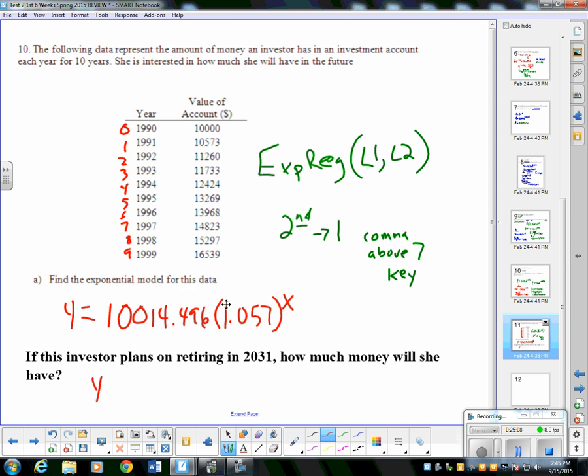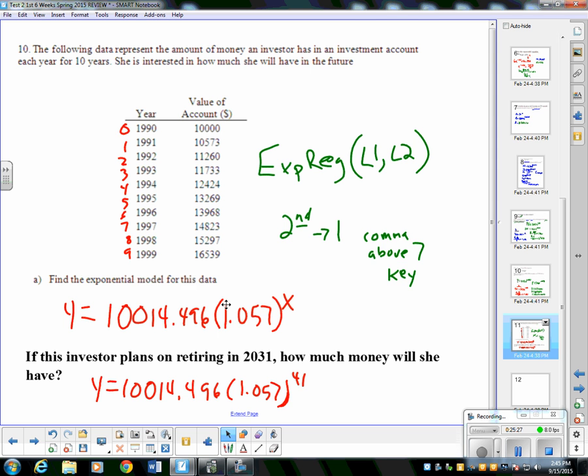So what we're going to have is 10,014.496 times 1.057 raised to the 41st power. Okay, several ways to do it in the calculator.